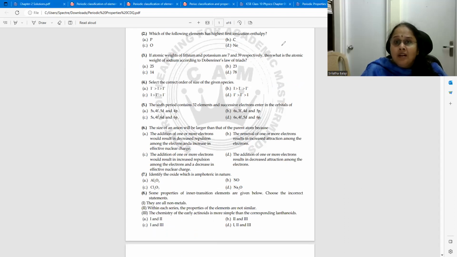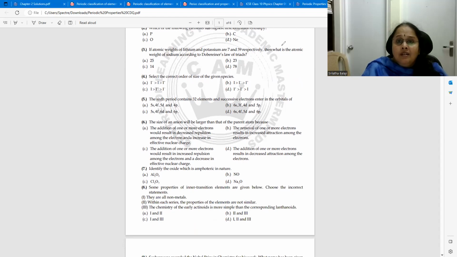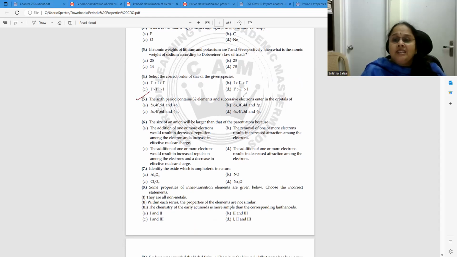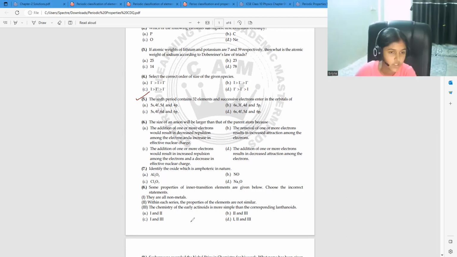Any doubts on this? Sixth period contains 32 elements. So successive electrons enter the orbitals of... D option.